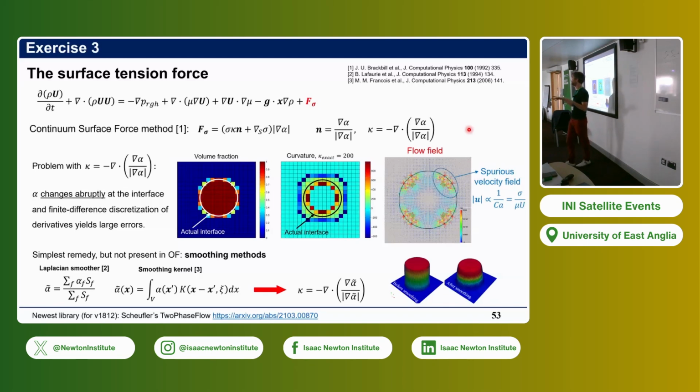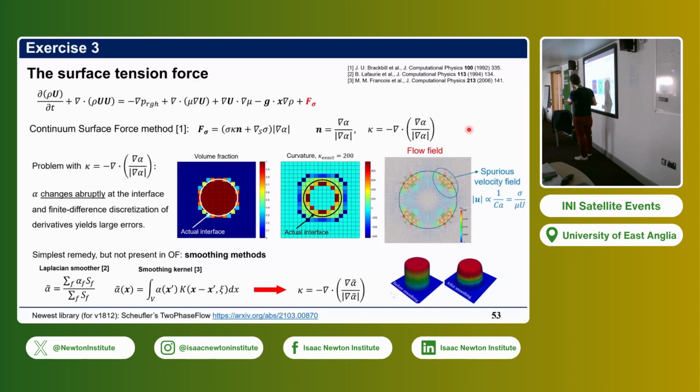So because you are discretizing the gradient of alpha with a method not made for sharply changing fields, you get a big error in the gradient, a big error in the divergence of the gradient, and a big error in the curvature.